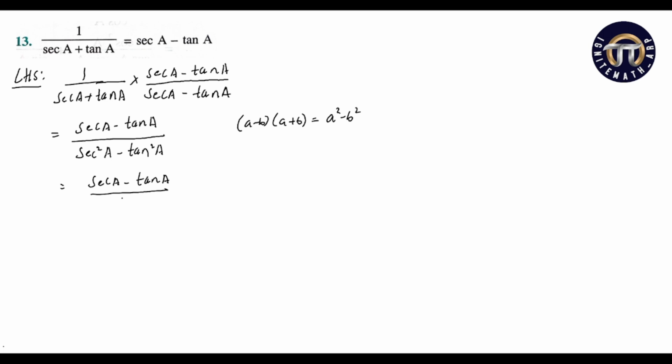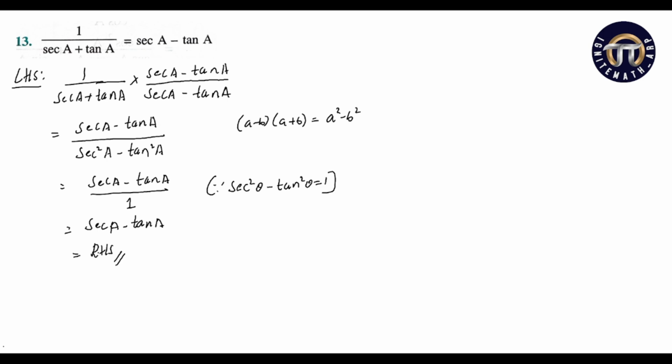Secant square A minus tan square A is 1. Why? The reason should be given: secant square theta minus tan square theta is equal to 1. So I'll be left with secant A minus tan A, that is equal to RHS.